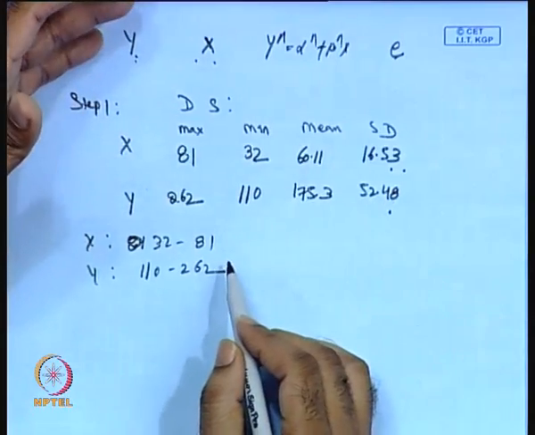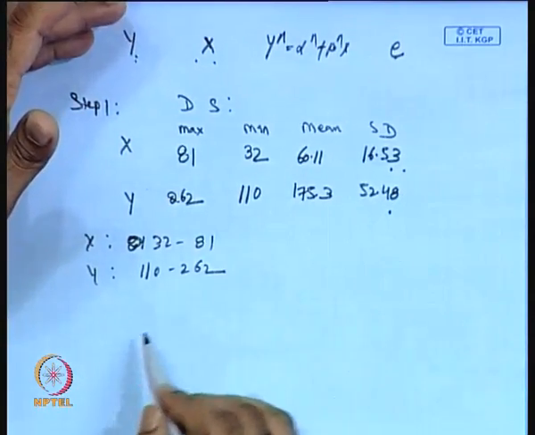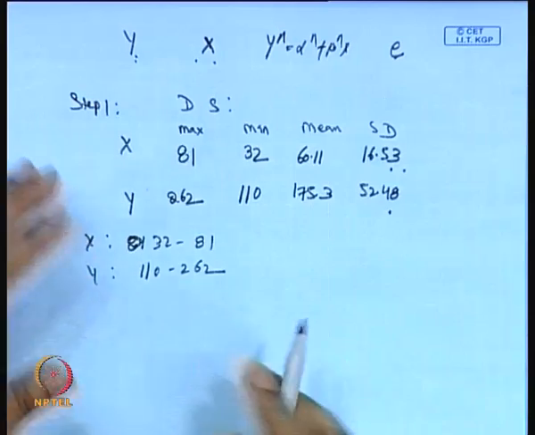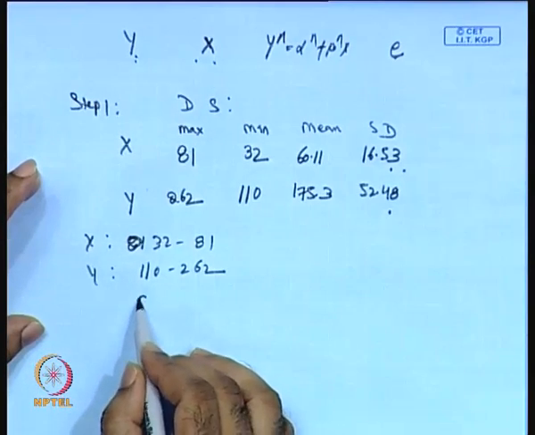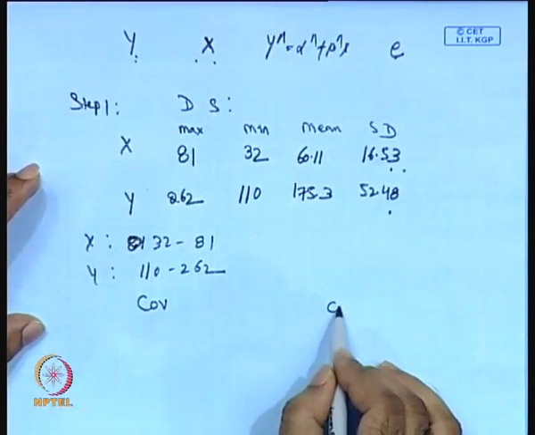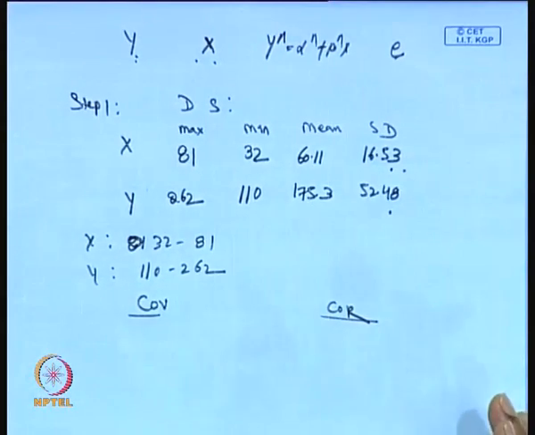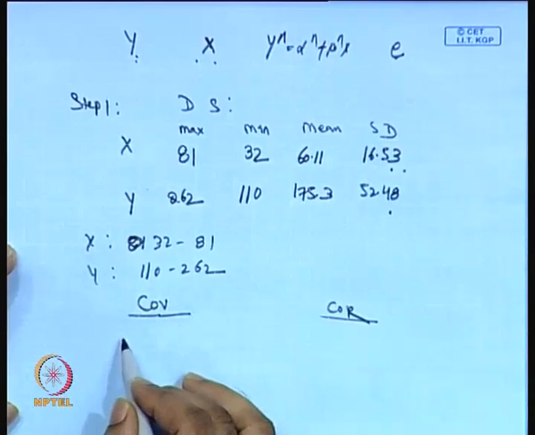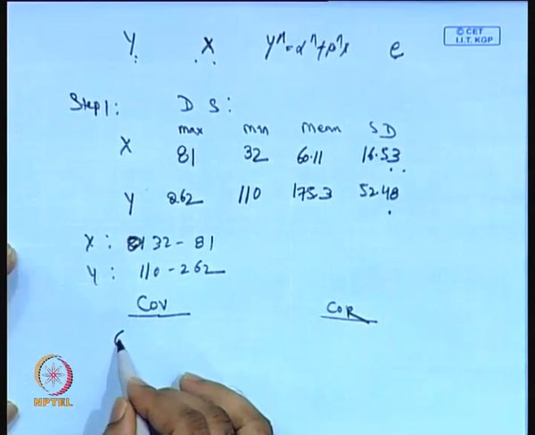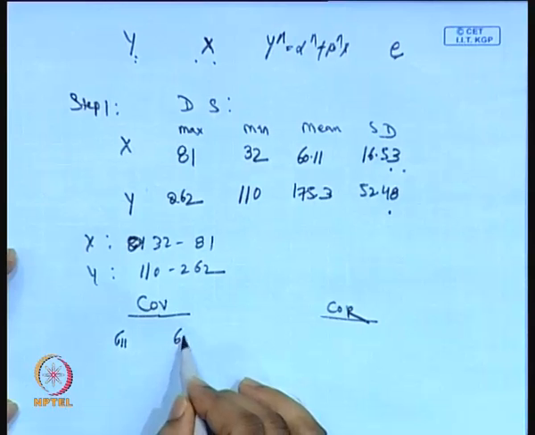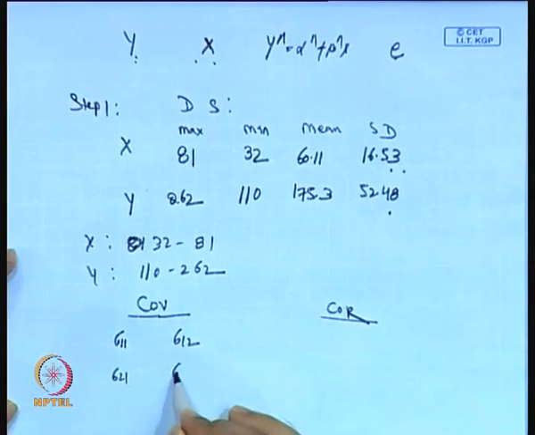With all this information, you can take another two matrices, the covariance matrix and the correlation matrix. They can give you a little indication of whether there is any association between these two variables. The covariance matrix is nothing but sigma 1 1, sigma 1 2, sigma 2 1, sigma 2 2.